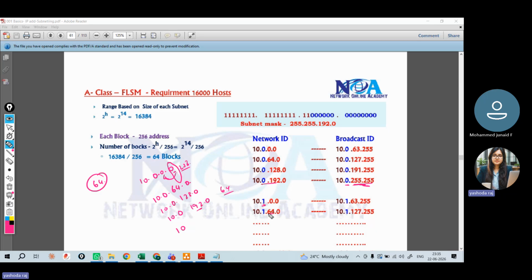This is a different IP, and 10.0.64.0 is a different IP. Like this, keep on going. The bits are going to be turned based on that octet respectively. Clear? Now you understand how to write the IP range? Yes, definitely.